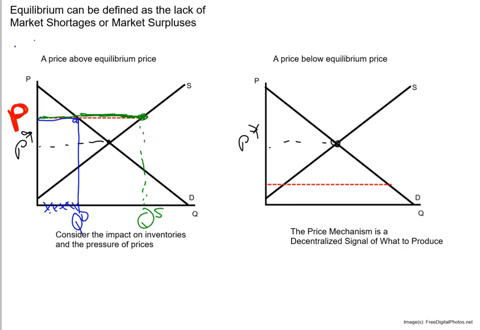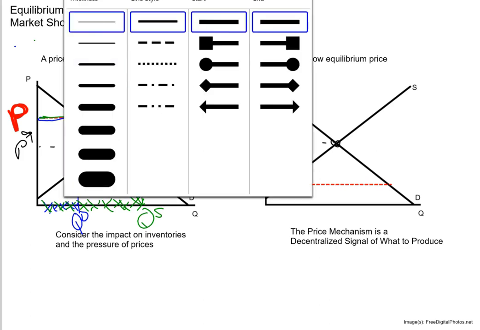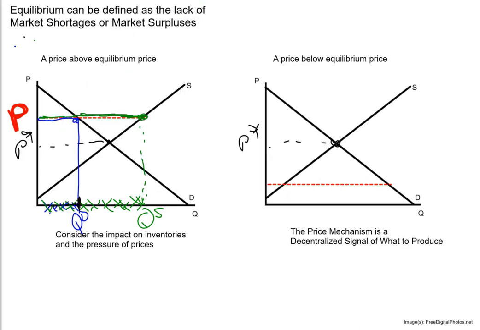At these prices above market equilibrium, in blue, that's how many units buyers would like to purchase. And again, in green, at this high price, I'm going to tick off how many units sellers would like to sell to the market. Notice what happens. For every buyer in blue that showed up to the market, were those buyers able to find a unit to purchase?